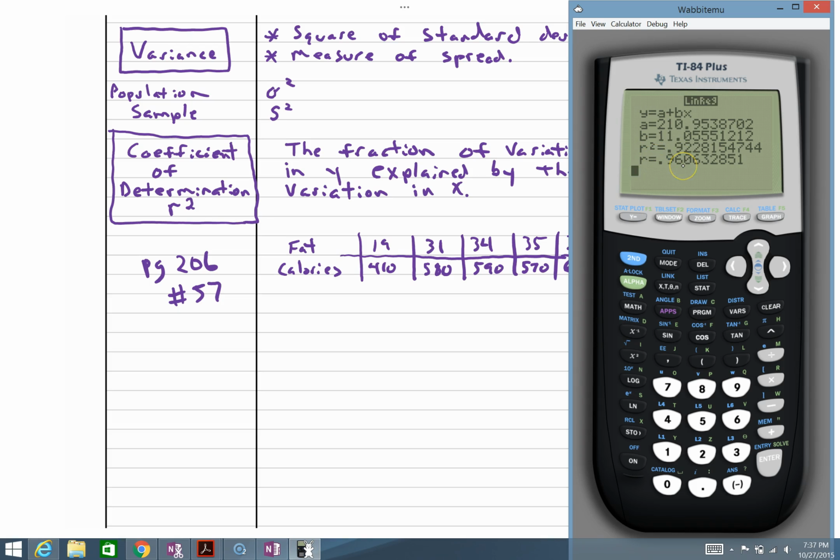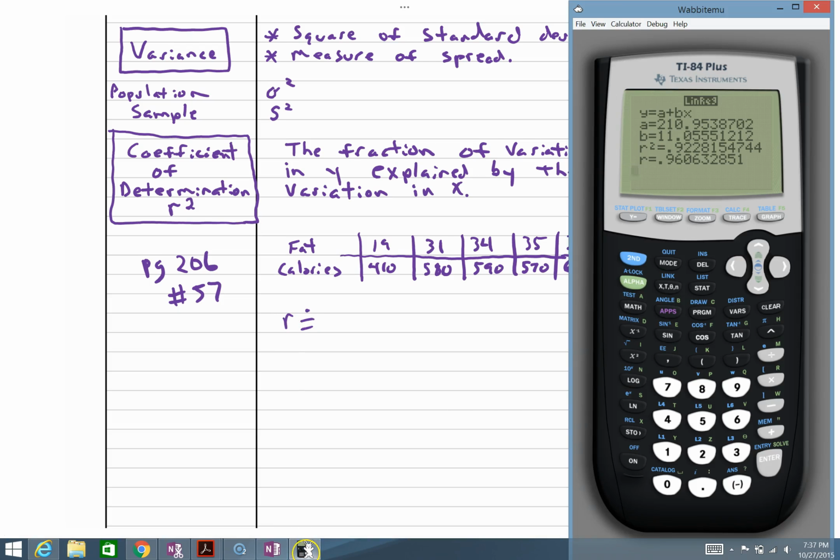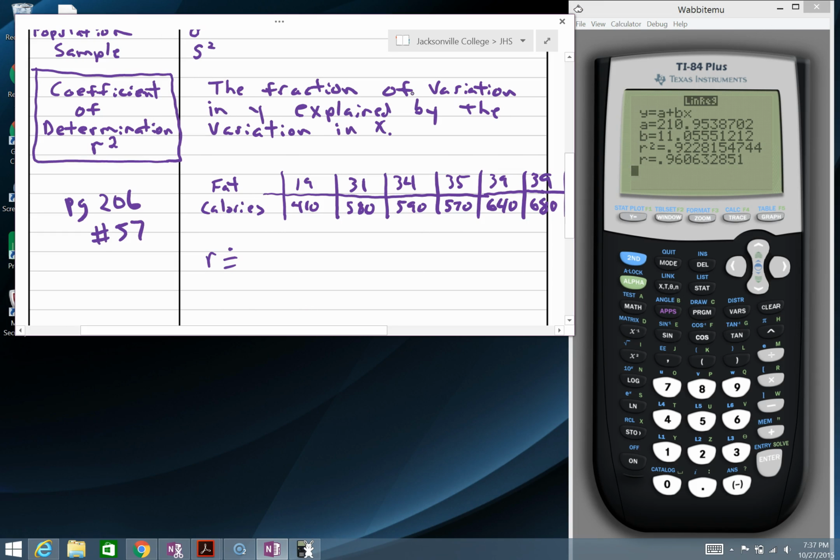R is approximately 0.9606, and R squared is approximately 0.9228.